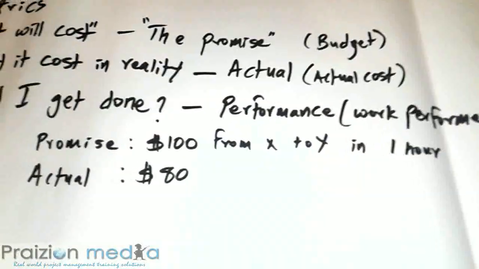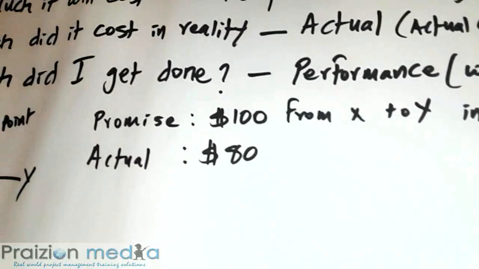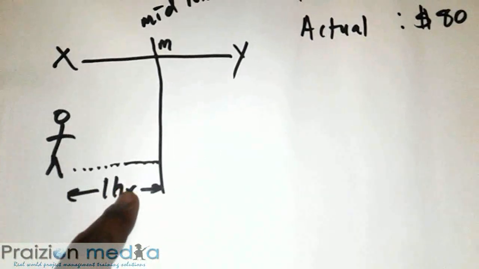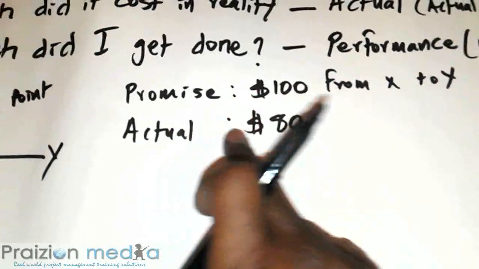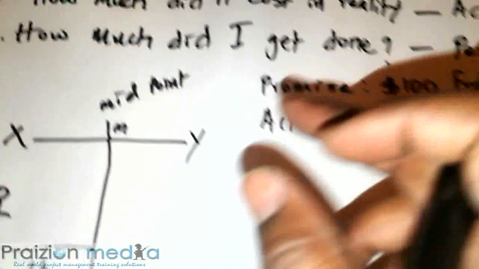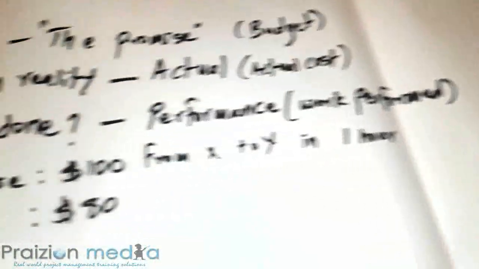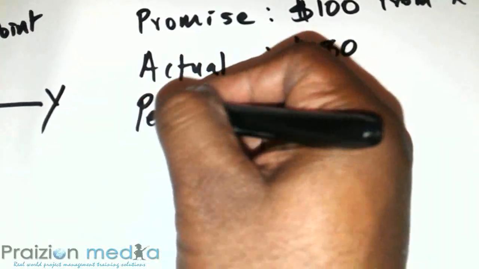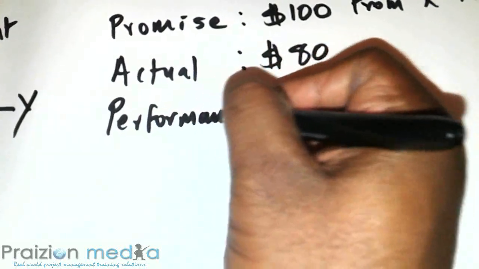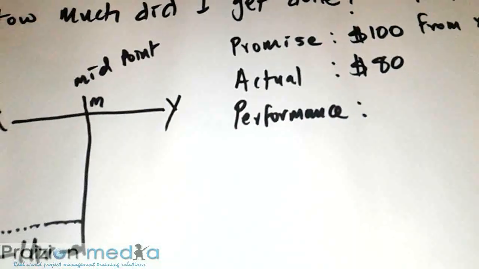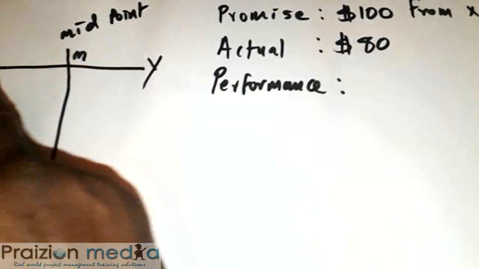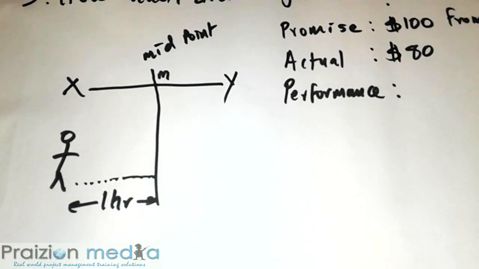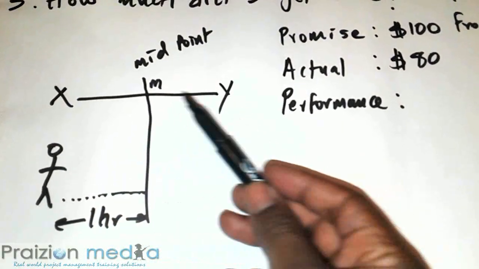Is that good or is that bad? Take a look at the promise. Phil promised he would go from here to here, but he only got from here to here, and he spent $80. Last but not least, how much did I get done? How much did Phil get done? We call this the work performed or the performance. If you look at the performance in dollars, if this is a linear project for the sake of this illustration, the work that Phil has accomplished is only 50% of what was planned.